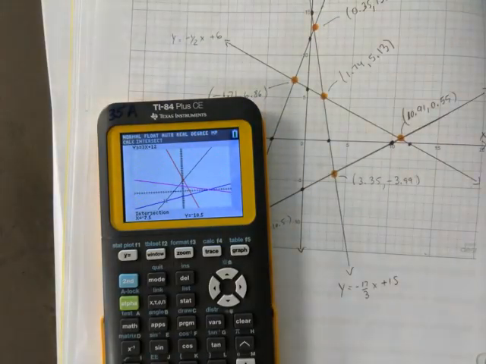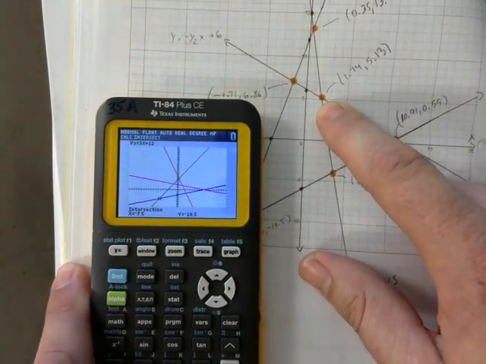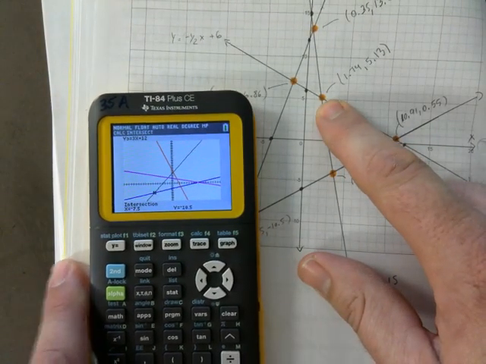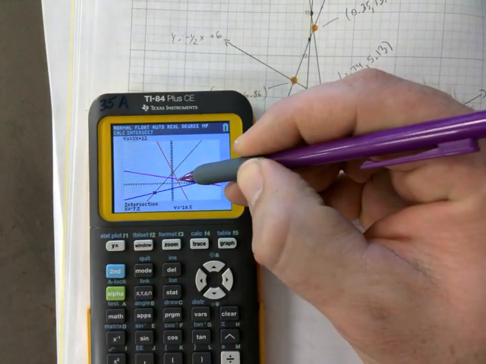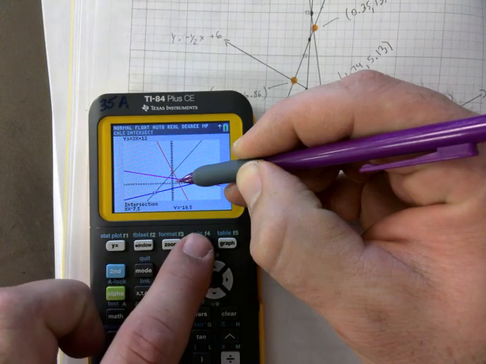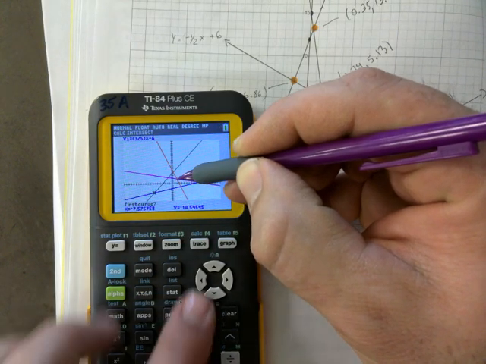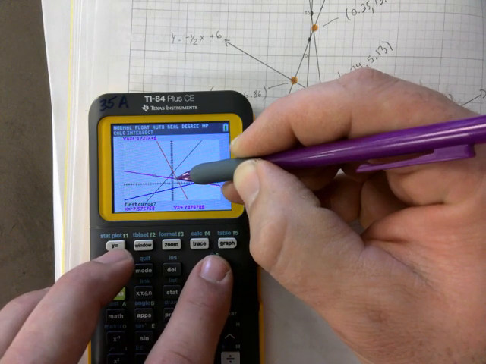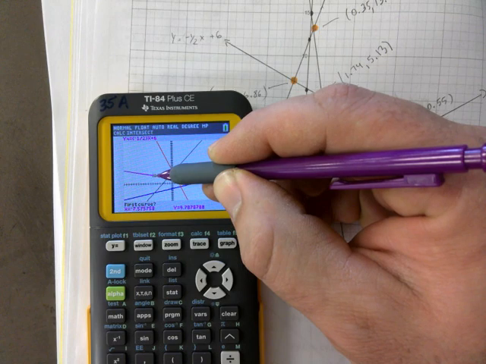Try one more. Let's try to find this one here. No, this one. This one right here. Let's try to find that one, which would be, for me, here. So second, trace 5. I'm going to jump until I get to either the purple. Now I'm on the purple. That's good. Hit enter.